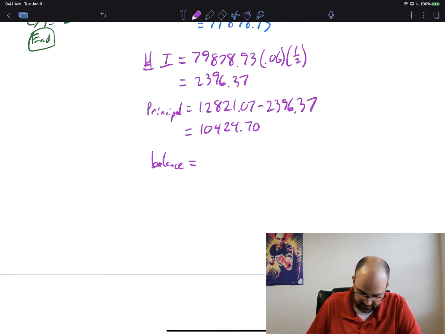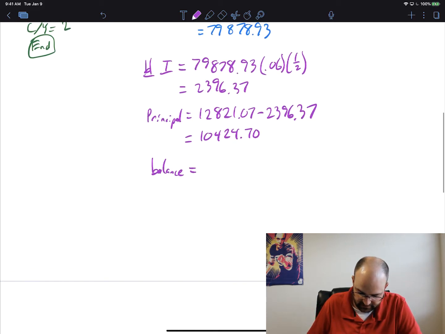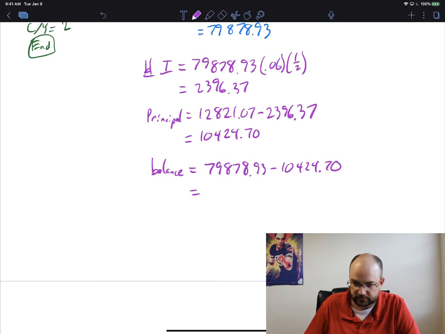So the balance is just going to be the previous principal, which was $79,878.93, minus that $10,424.70.